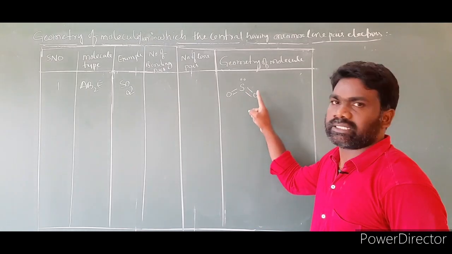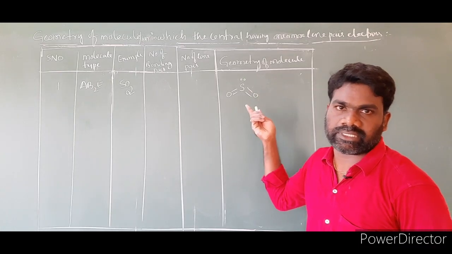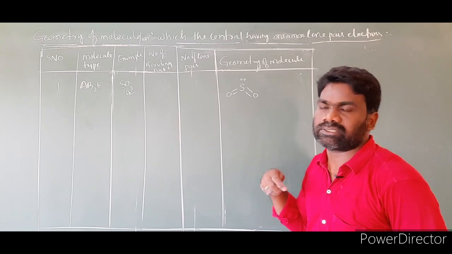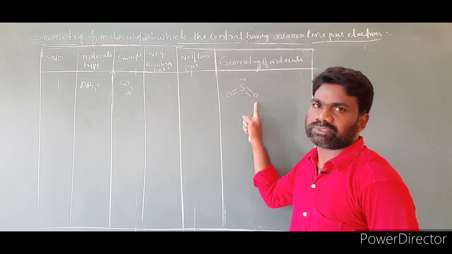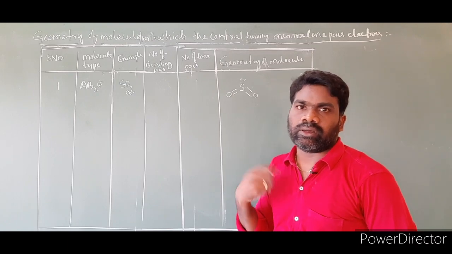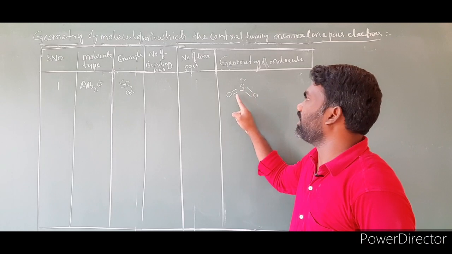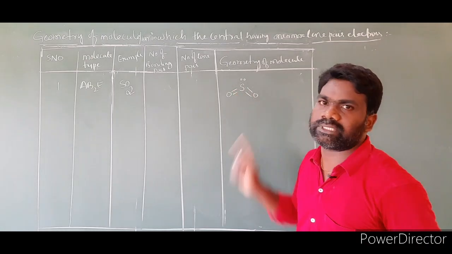To write this structure we have to follow the Lewis representation. While writing the structure we have to calculate the total number of valence electrons and distribute them to these three atoms in such a way that all atoms get 8 electrons. If you follow that, you will be able to find the number of bond pairs and lone pairs in a molecule.